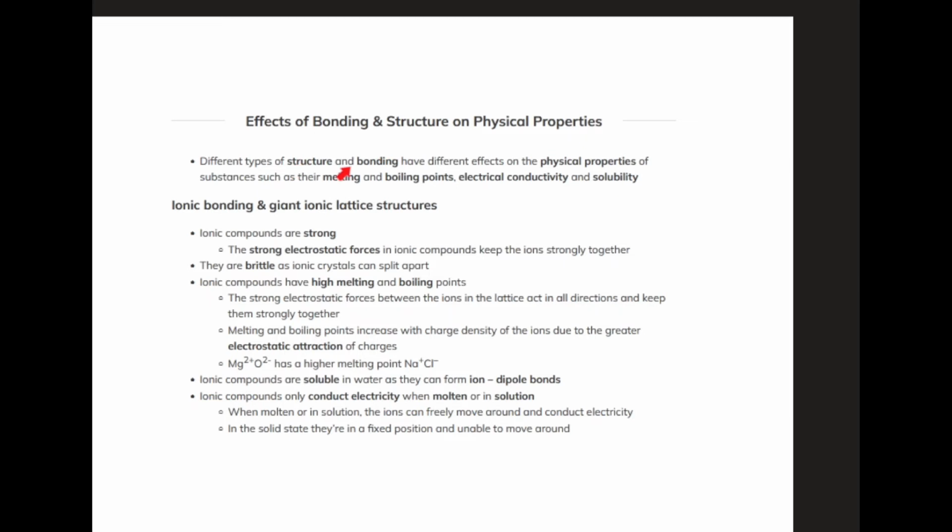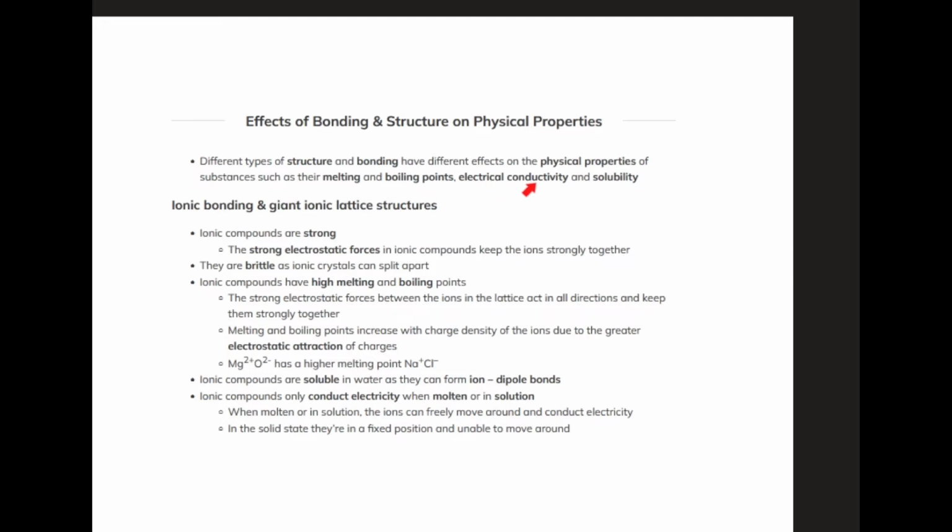Different types of structures and bonding have different effects on the physical properties of substances, such as their melting and boiling points. For example, diamond has very high melting and boiling points because it has many covalent bonds to break.